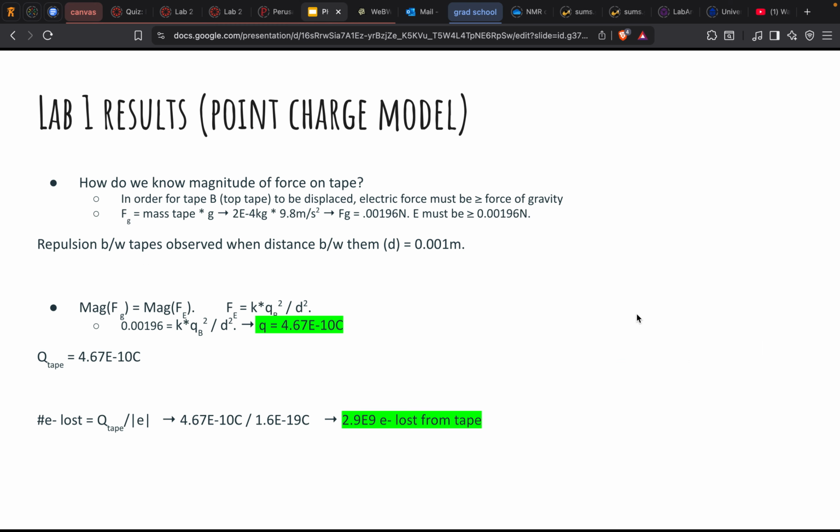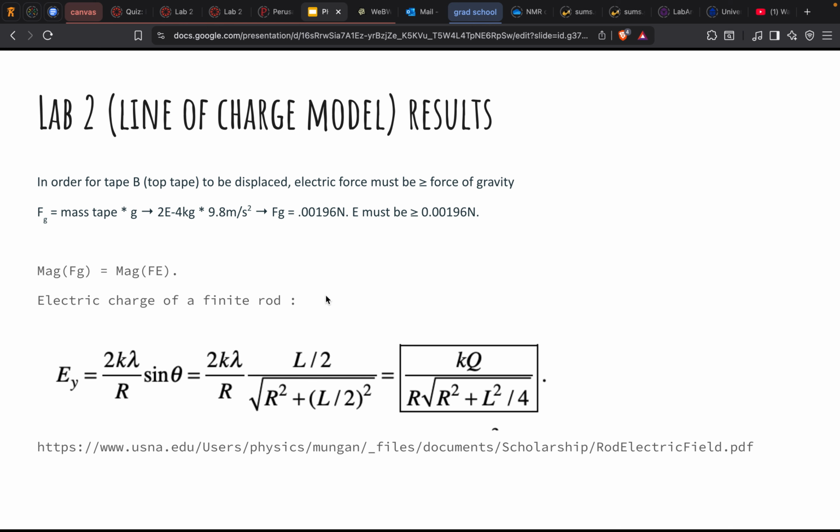Here are some calculations from Lab 1, again exactly the same as Lab 1. Here's how we found the charge on the tape and the number of electrons lost on the tape. For Lab 2, we used this equation, which is the electric field of a finite rod. I got this from this source here.